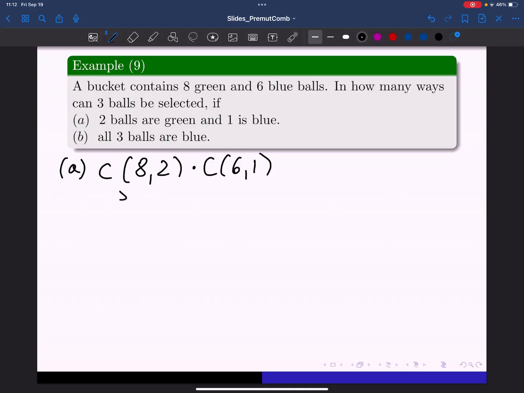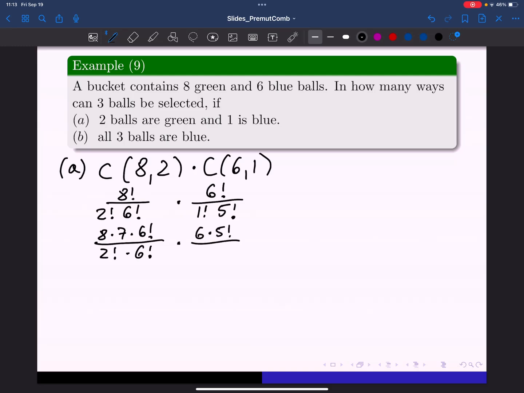So we have 8 factorial over 2 factorial times (8 minus 2), which is 6 factorial, and 6 factorial over 1 factorial times (6 minus 1), which is 5 factorial. So this is 8 times 7 times 6 factorial over 2 factorial times 6 factorial, times 6 times 5 factorial over 1 times 5 factorial.